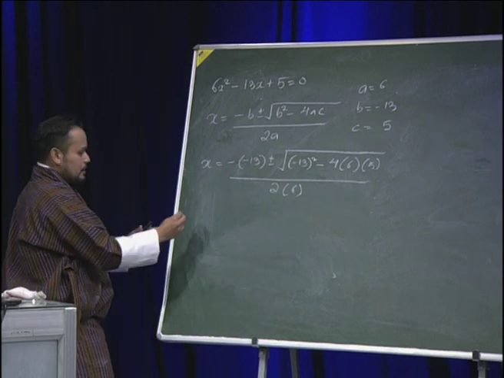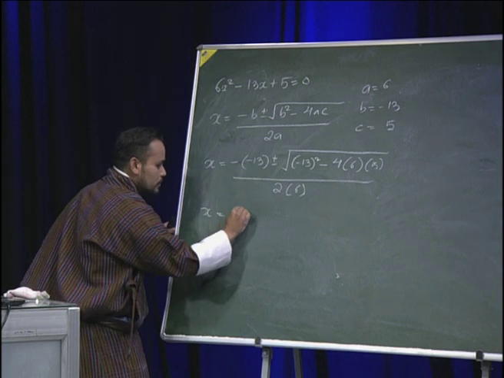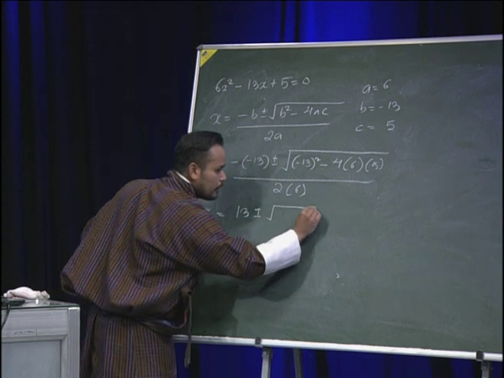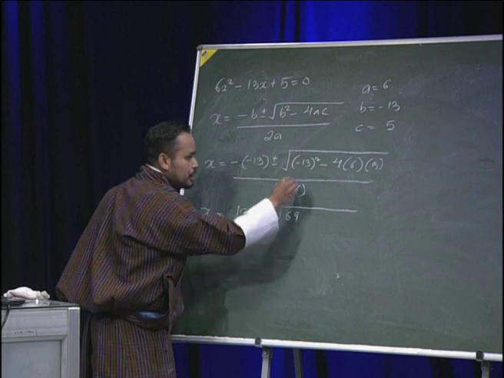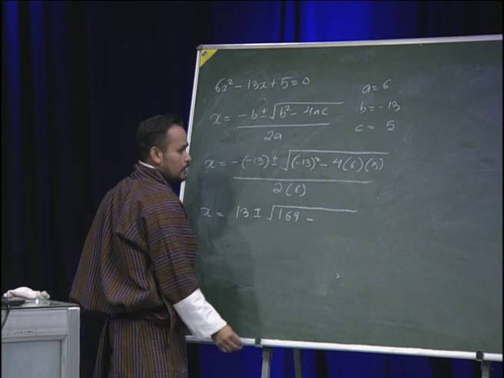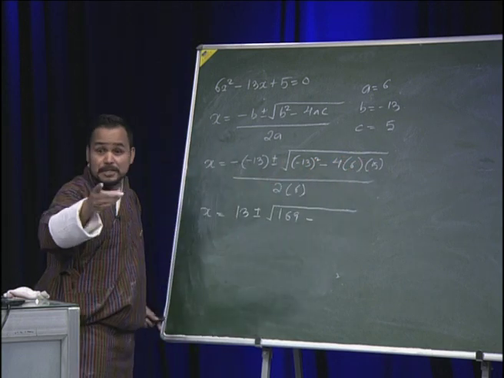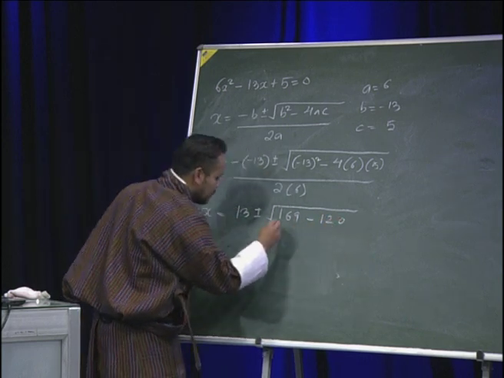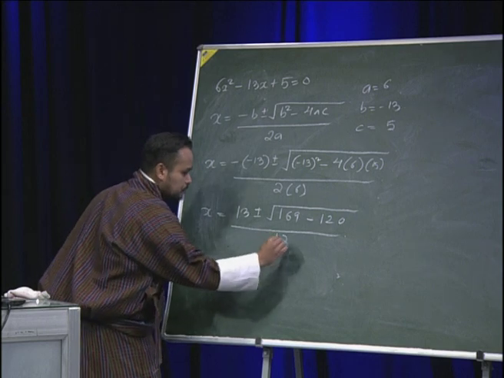When I simplify this, x will be equal to negative of negative 13, which is positive 13, plus or minus root of 13 square, which is 169. To get the value you can use your calculator. Minus 4 times 6 times 5, which is 120, whole divided by 2 times 6, which is 12.